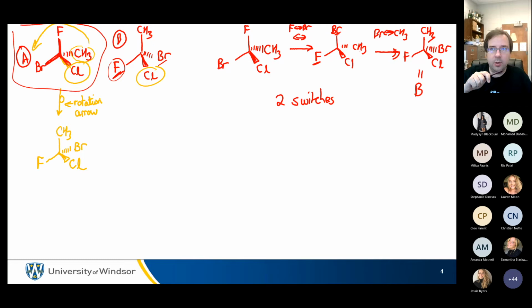And just like the enemy of my enemy is my friend. You got two enemies. That guy's my enemy. His enemy is that guy. So we're both ganging up on this guy and we're taking his lunch money. Two switches. You make me the enantiomer. You make the enantiomer, you're back to me again. So two switches equals same molecule.